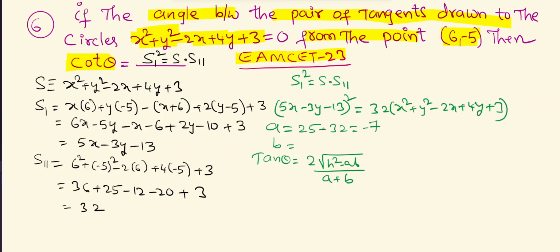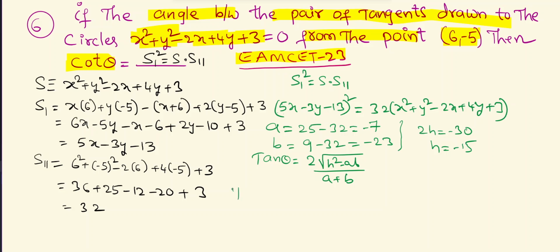And b is the coefficient of y square: 9 minus 32 is minus 23. Now h is half the coefficient of xy. Here the coefficient of xy is 5 times 3, 15, minus 30. 2h is equal to minus 30, so h is equal to minus 15.